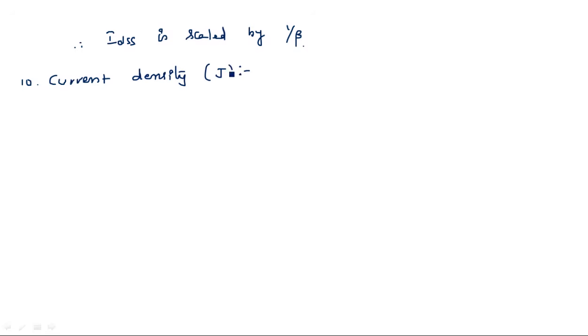Next, current density, indicated by J. What do you mean by current density? Current density is defined as current per unit area. That is what density means.